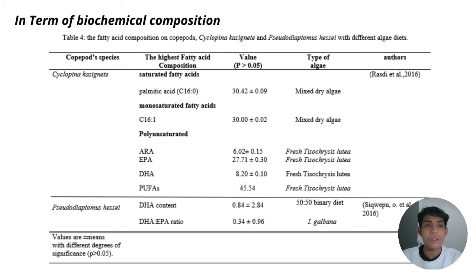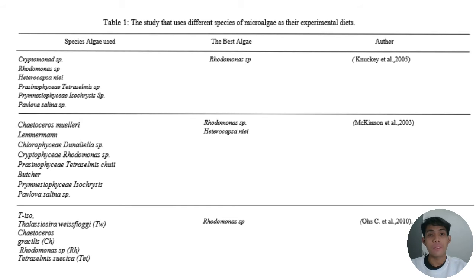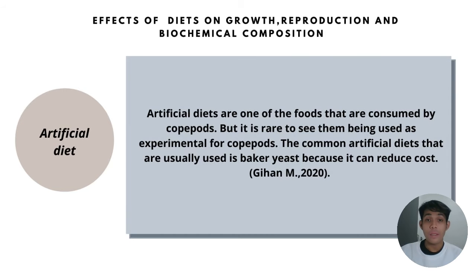Some of the fatty acid compositions are palmitic acid, C16, ARA, EPA, DHA, and PUFA, and the value of the fatty acid is higher with some different algae. But another study that used Rhodomonas species showed that Rhodomonas is the best algae for the copepod diet.